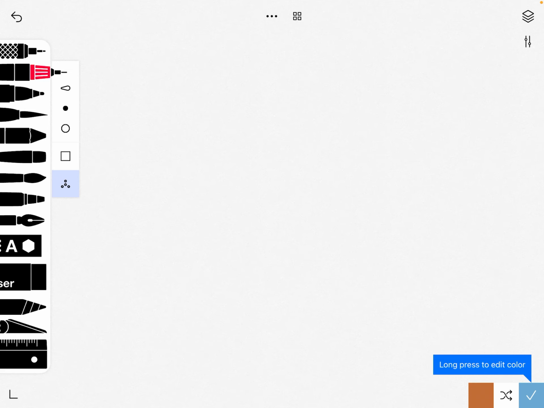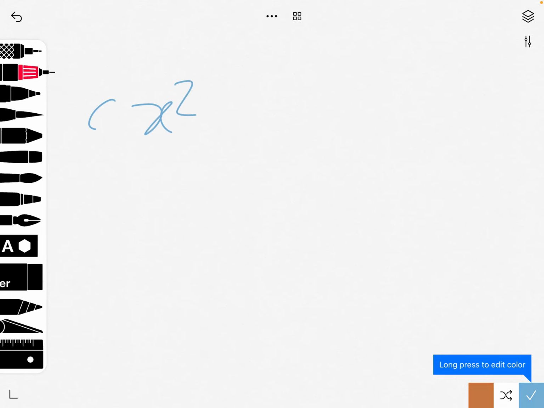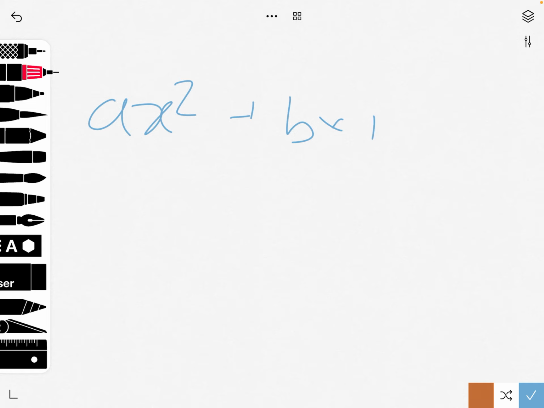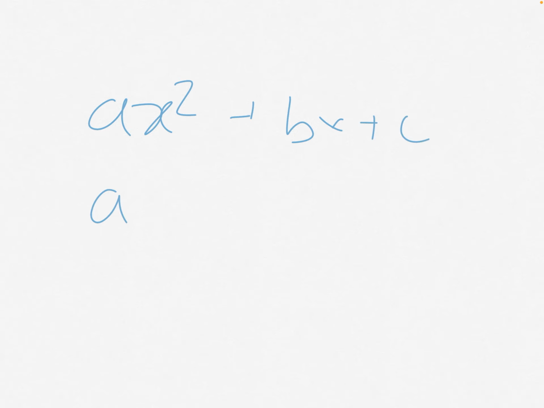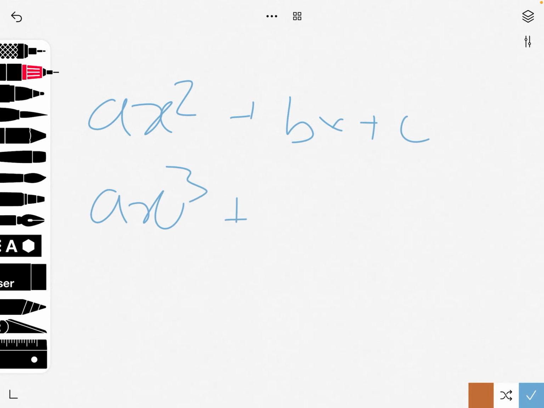But yeah, let's just get to solving polynomials. I'm just gonna show you how you divide a binomial from a standard polynomial, like a quadratic polynomial. A quadratic polynomial is in the form of ax squared plus bx plus c, or it can even be a cubic function, it doesn't matter because I'm going to teach you how to divide it today.